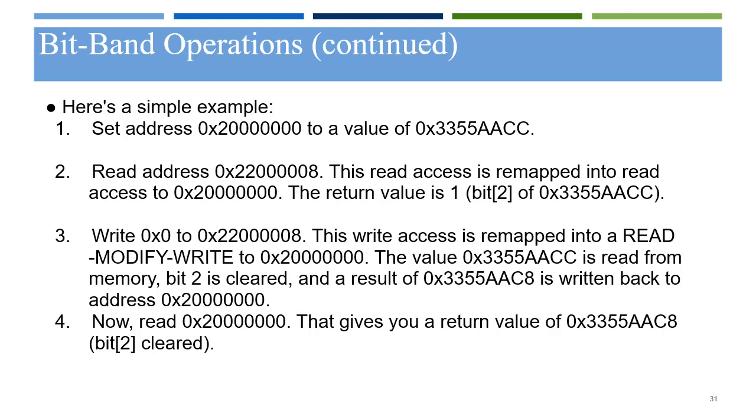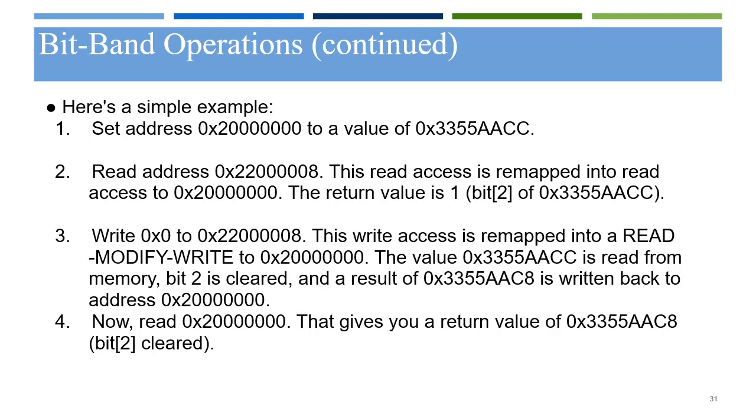The read value is 1 because in 3355 AACC, bit 2, if you start from the LSB, is 1, therefore the read value will be 1. So now the read is over.